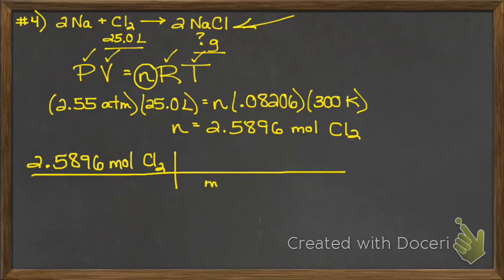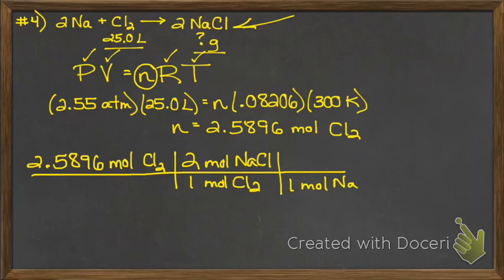Moles of Cl2 to moles of NaCl. That's in a 1:2 ratio. 1 mole NaCl. And if my memory serves, that is the molar mass of sodium chloride. And this will give me my final answer.